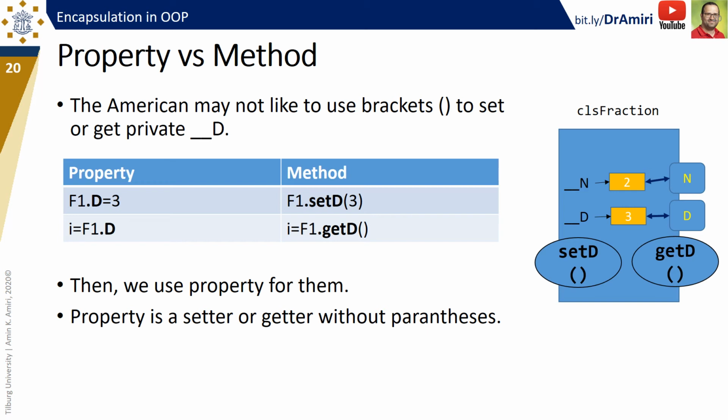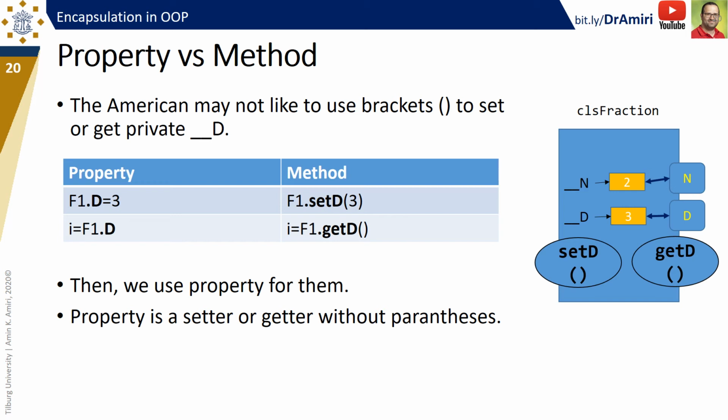So that's why properties are created. You just don't like to write down f1 dot set d and in parentheses 3. You would like to write down f1.d equal to 3. You don't like to write down f1 dot get d parentheses.